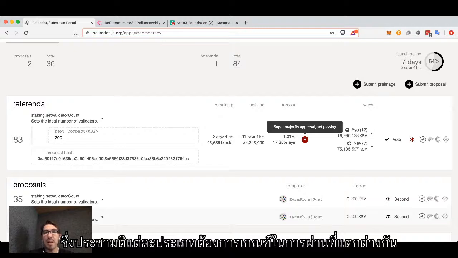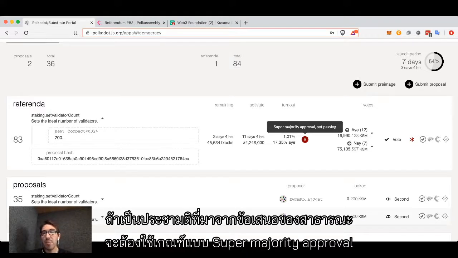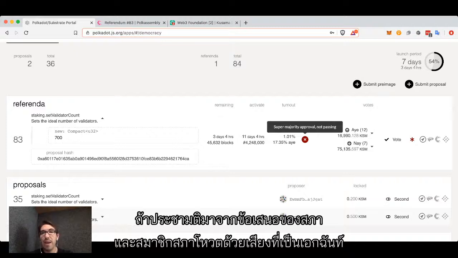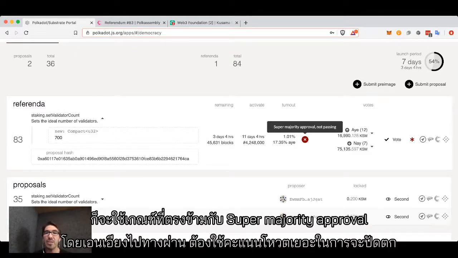Different kinds of referenda require different amounts to pass. So a standard proposal that is proposed from the public will require a supermajority to pass. And the supermajority actually varies based on the turnout. If a proposal becomes a referendum via the council, then if the council voted unanimously, it's actually sort of the opposite of a supermajority approval.